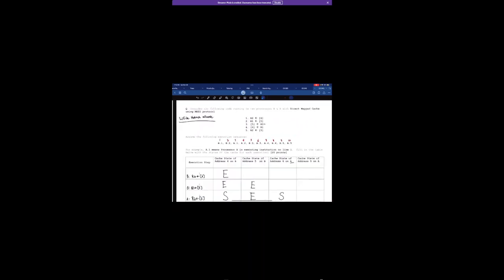I guess let's do not allocate. The only thing that's going to change is what's inside of here.